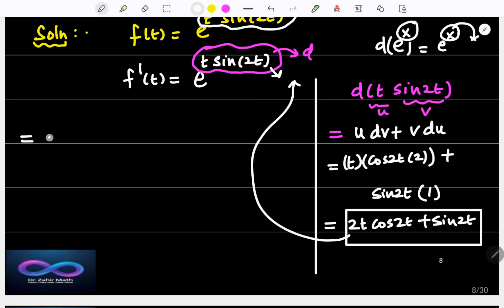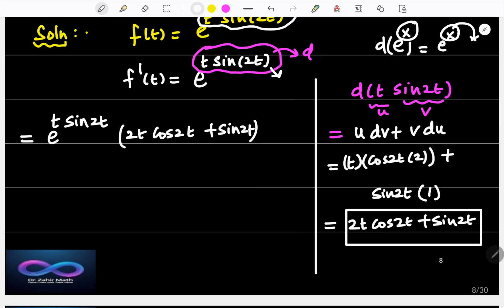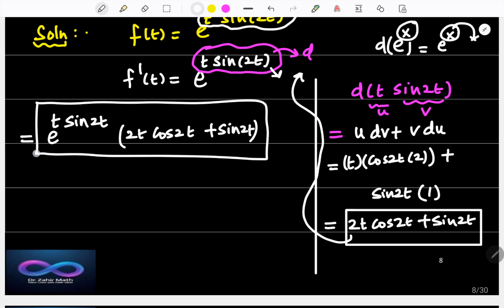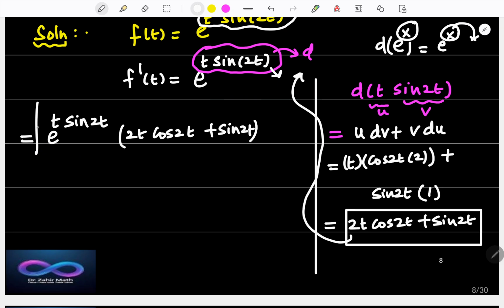So this equals e power t sine 2t multiplied by 2t cosine 2t, right? Plus sine 2t. So this is going to become your answer. Clear everybody? Clear?